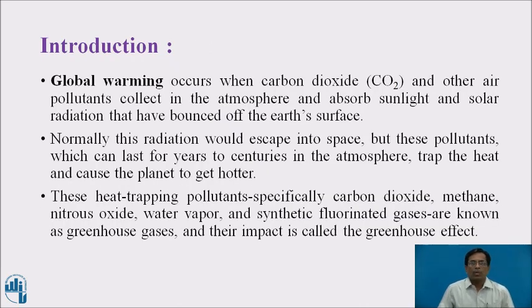Introduction. Global warming occurs when carbon dioxide and other air pollutants collect in the atmosphere and absorb sunlight and solar radiation that have bounced off the Earth's surface. Normally this radiation would escape into space, but these pollutants, which can last for years to centuries in the atmosphere, trap the heat and cause the planet to get hotter.